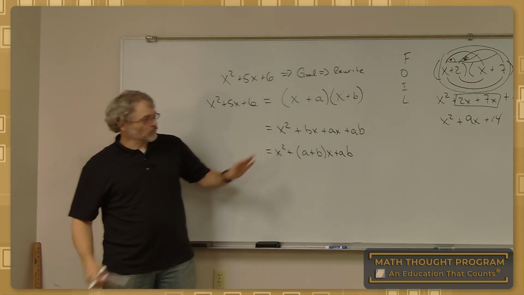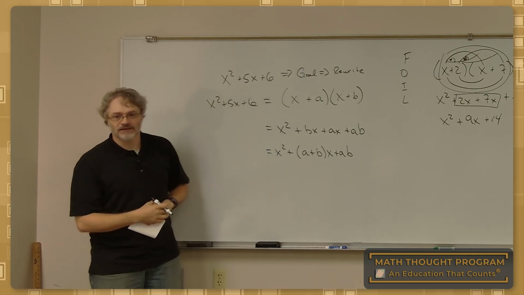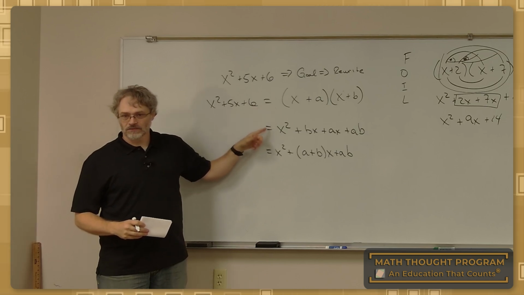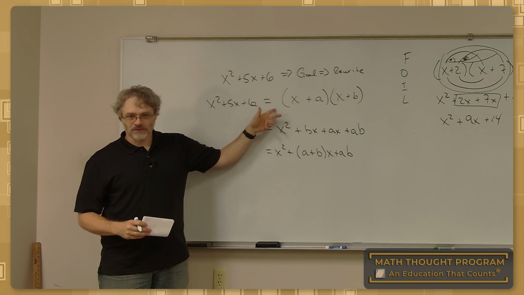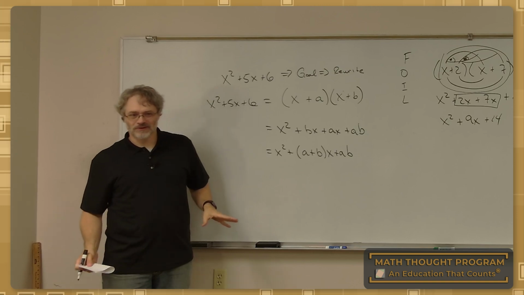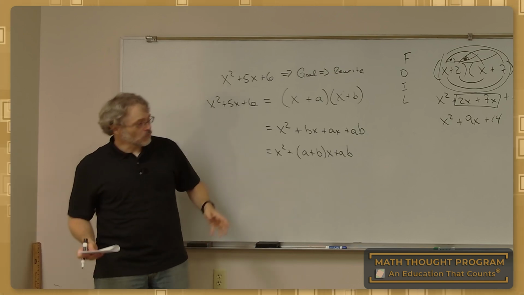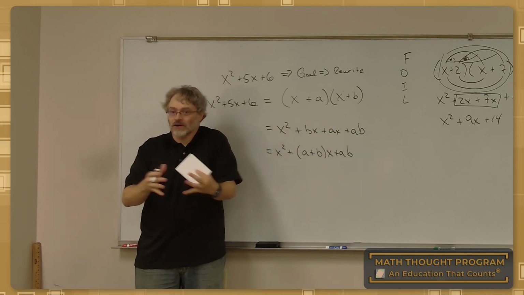Now, look at what I have on the left-hand side and look what I have over here on the right-hand side. And right in between, I have this thing. What's that called? Equal sign. What does it mean for something to be equal? It's the same. So what I have on the left is what I have on the right. They're identical. They are the same.